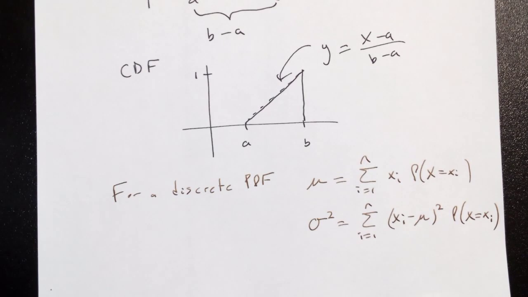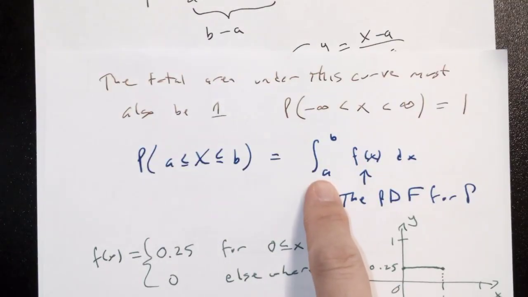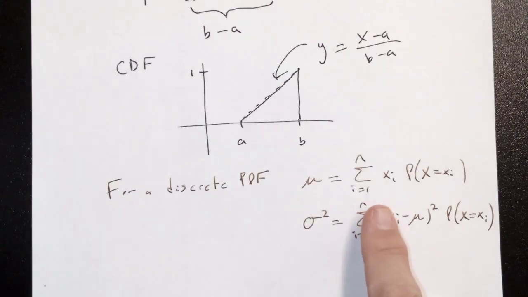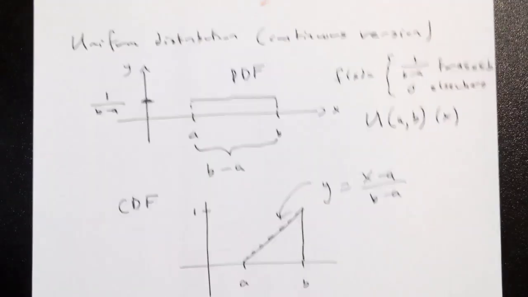This big integral symbol that we used, this notation back here, in calculus notation, that's the letter S. That means sum, just like this. So it turns out that the way we get a continuous mean and a continuous standard deviation is to use these same formulas, just the calculus versions of them. So I can actually come up with a mean for this distribution by doing calculus.